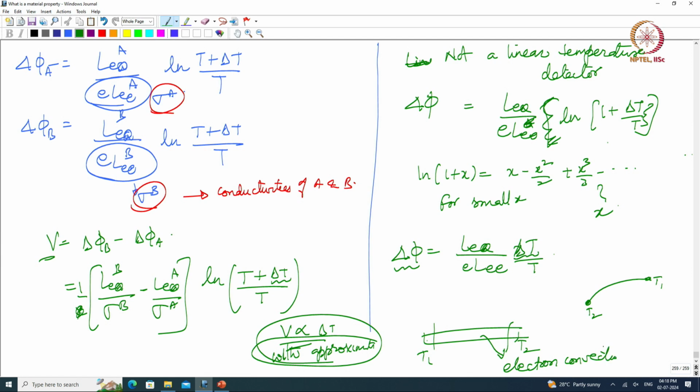If I assume electrons are just a gas that reacts to temperature, electrons also have some statistics through which they react to temperature. The electron distribution here is different from the electron distribution here. So the electron concentration at 2 is different from the electron concentration at 1.